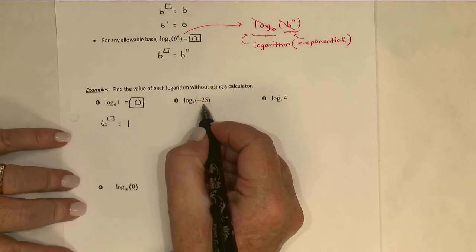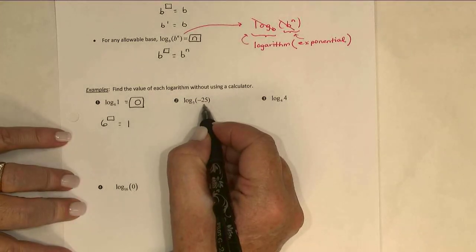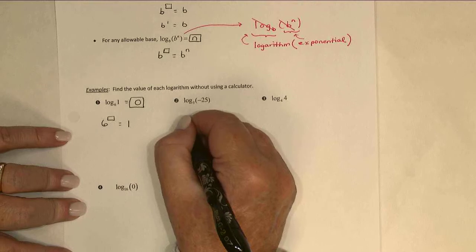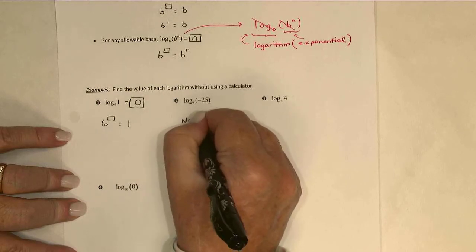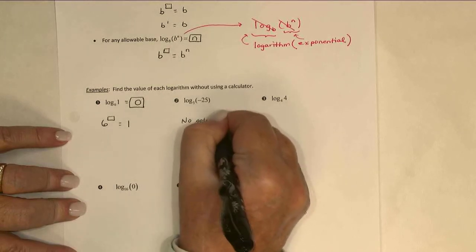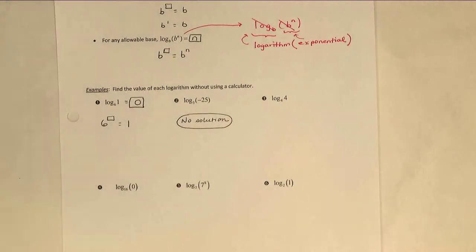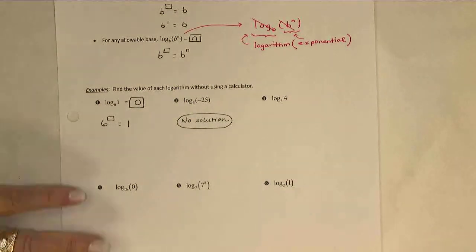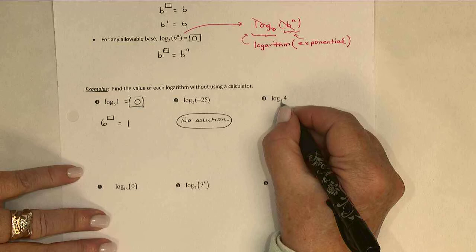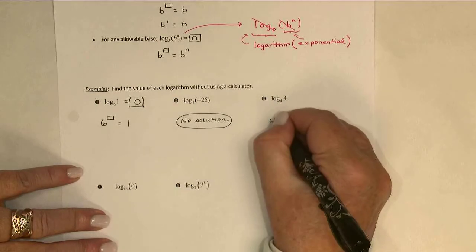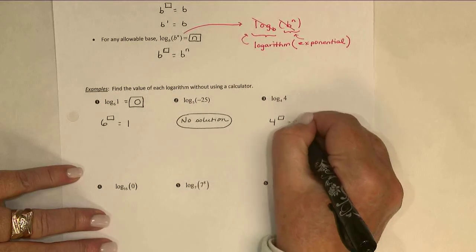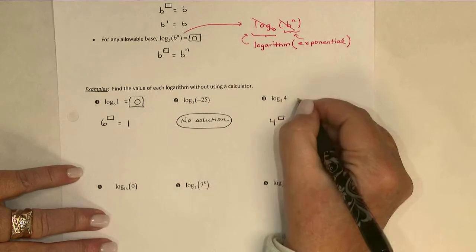We know we must have a positive argument, so there's no solution. Or at least no real valued solution. 4 to what power is 4? That's going to be the first power.